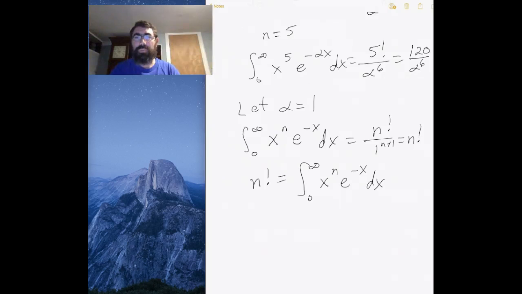And so now we can try and apply this to numbers that don't quite fit into the positive integers greater than 0.